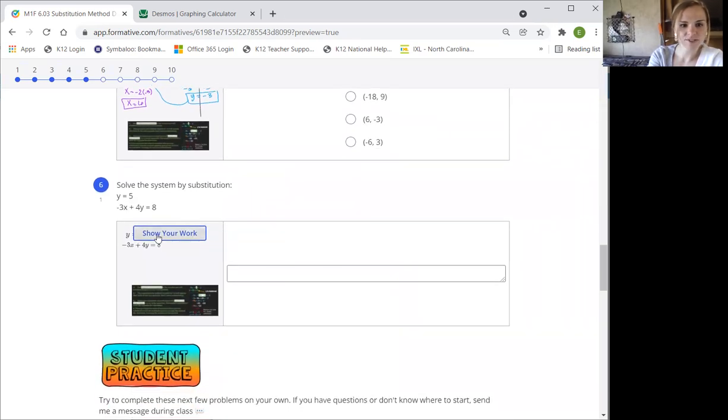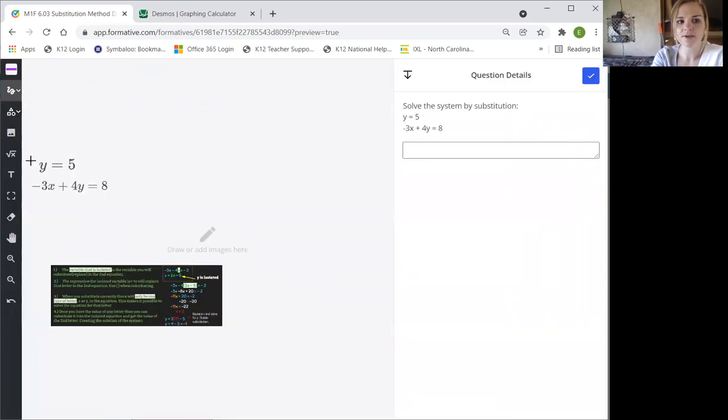Last but not least, this one has a number for the variable. So they already give us one of the values. So same thing, it looks a little bit different, but it's the same exact thing. We're going to go ahead and take 5 and plug it in for y.